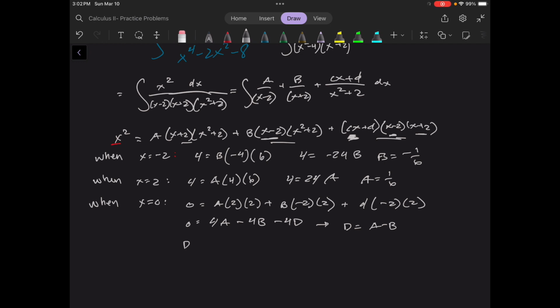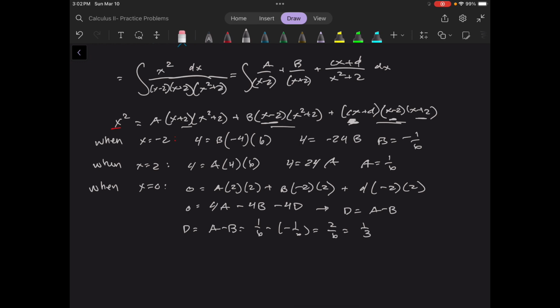Well, let's just plug it in. d equals a minus b. a was 1/6. b was negative 1/6. 1/6 minus negative 1/6 is 2/6, or 1/3, right? Okay, so now we have a, b, and d.